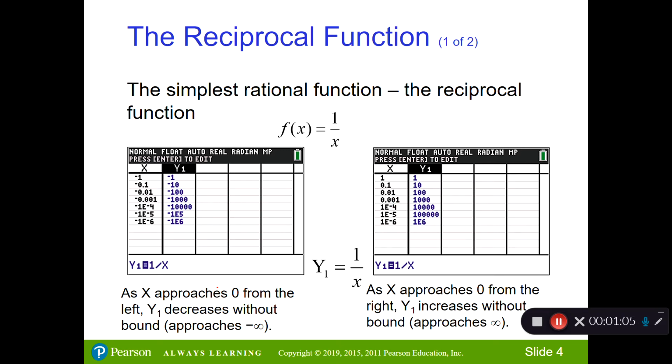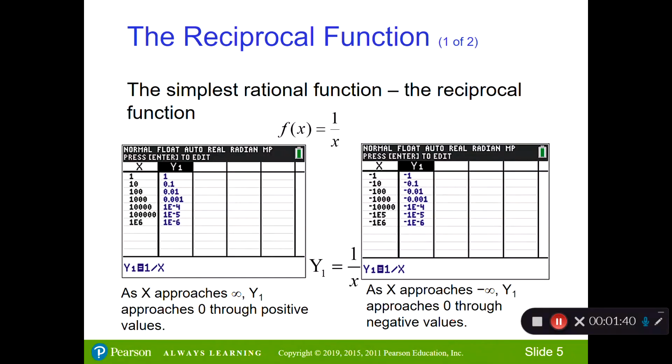That is, as x approaches 0 from the left through negative numbers, on the graph, here's 0, and these are my negative numbers approaching from the left, the y values approach negative infinity, so my y's go down. As we approach 0 from the right through the positive numbers, the y values get extremely large positive values, so we're going up on the graph.